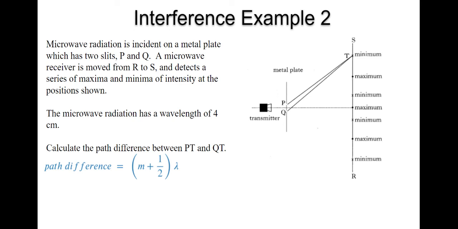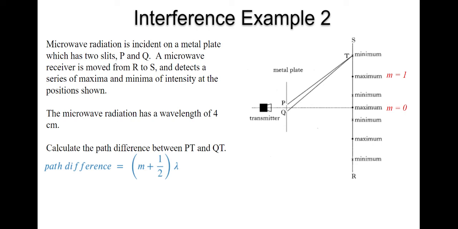So, what have we got here? We're trying to work out the path difference. We know the wavelength, and we need to know the m number. What maxima are we on? So, if we look at this, the maxima in the center is where there's 0 path difference, so m equals 0. Either side of that, we get the minima, where the path difference is half a wavelength. Then either side of that, the next maxima occurs where the path difference is 1.